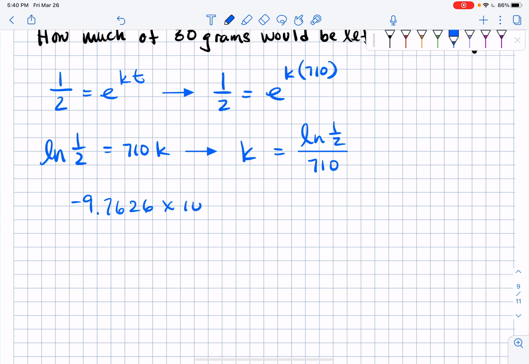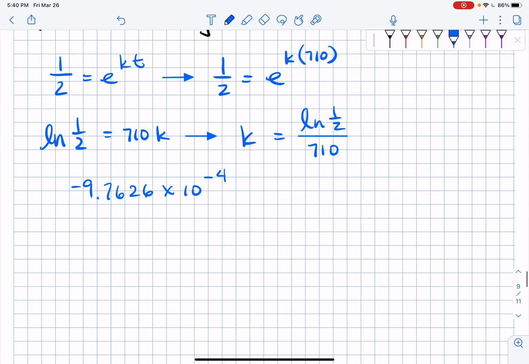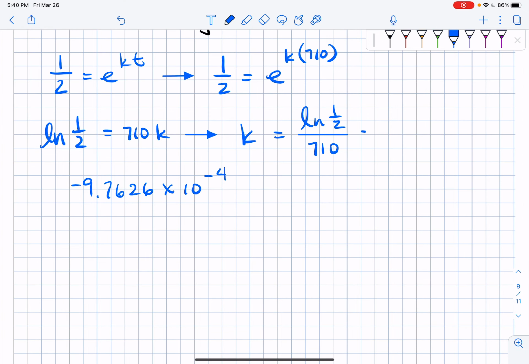So times 10 to the negative 4, that's what it shows. So what does that mean? It means, number one, it's negative. Number two, it means I would move this decimal place 4 times to the left: 2, 3, 4. That means all of these need a placeholder. So it's actually negative 0.000976626. Awesome.